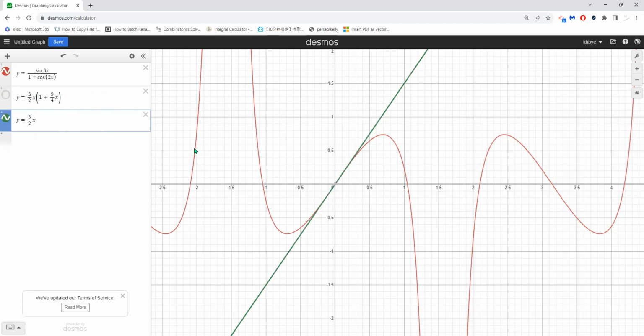The way you could argue this is like this. Sine 3x is the leading term at the numerator. So maybe you can approximate sine 3x with just a linear expression. Remember, sine theta is approximately theta. So sine 3x is approximately 3x.